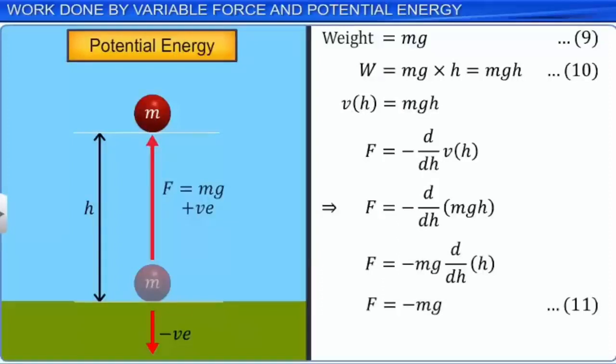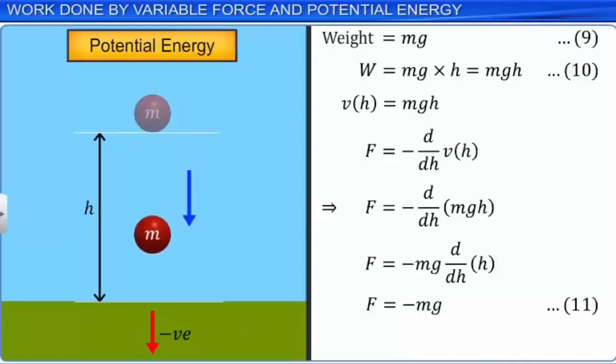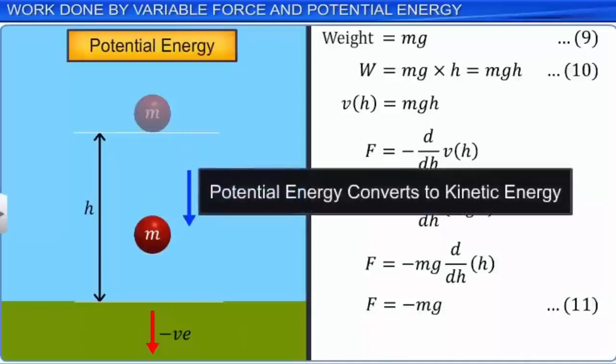Let this be equation 11. The negative sign indicates that the gravitational force is directed downwards. Hence, when released, the body comes down with increasing speed, converting its potential energy into kinetic energy.